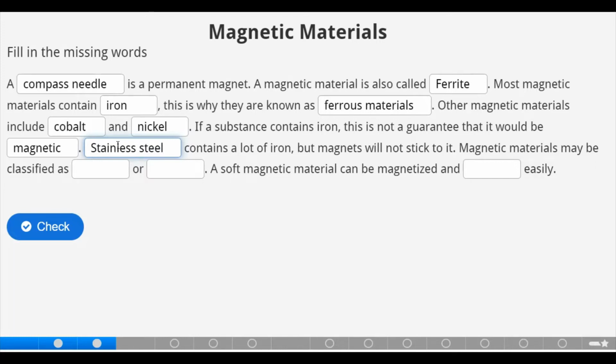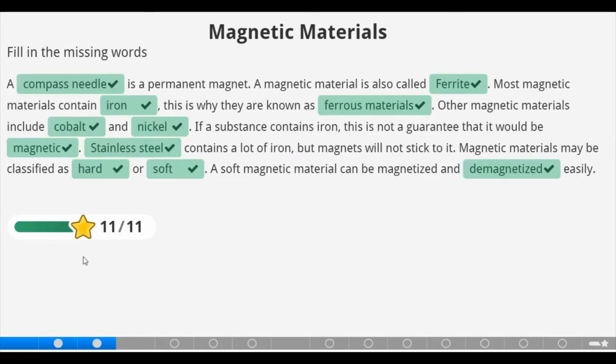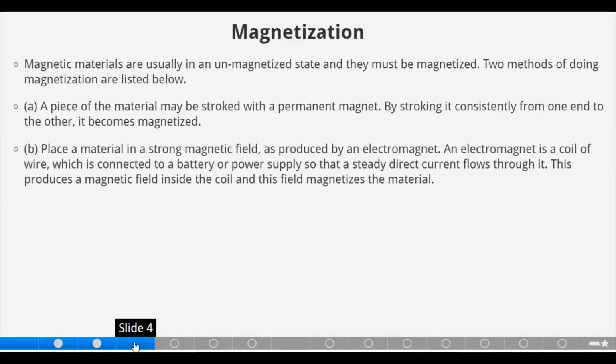Magnetic materials may be classified as hard or soft. A soft magnetic material can be magnetized and demagnetized easily. Let's check. Correct.